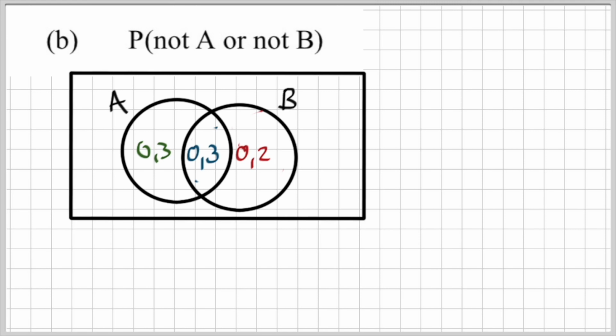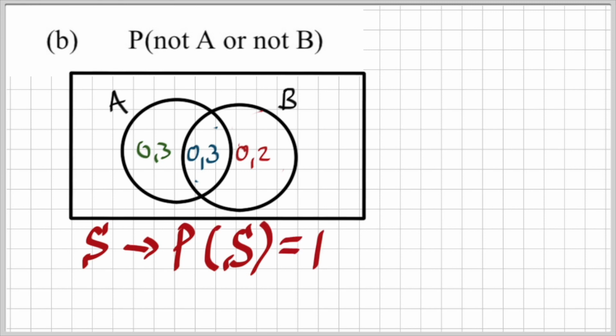Well, this is a sample space, and the sample space means that the probability of something happening in this is always going to be equal to 1. Which means adding all the probabilities in my sample space, the answer has to be 1.